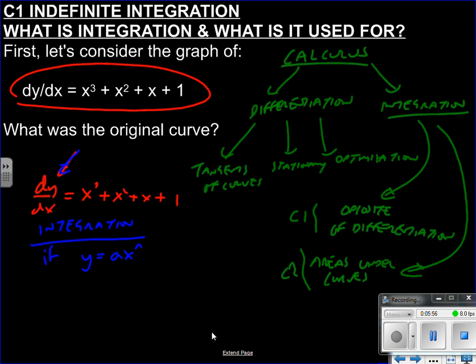I could call that z now, or x now, or t now, do you see? So if y equals ax to the n, then the integral of y, and that's what this symbol here means. This is sigma, much like the Greek countable sum sigma, which looks like that. This elongated s means the uncountable sum.